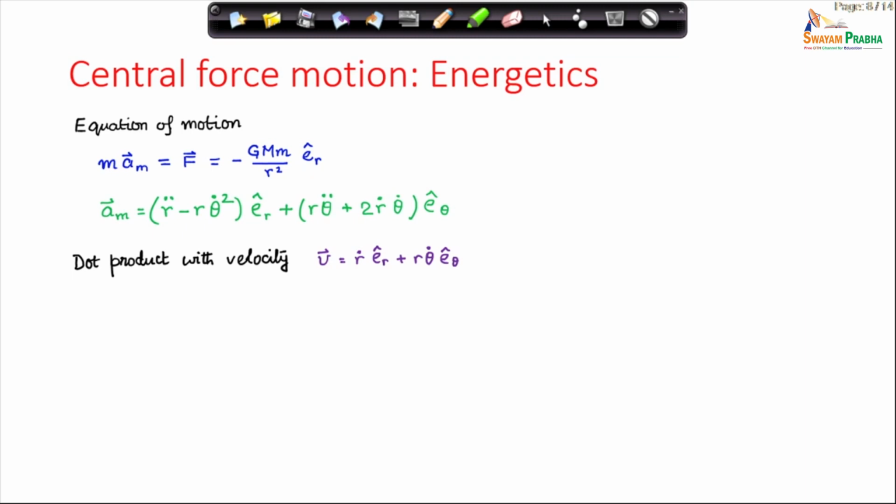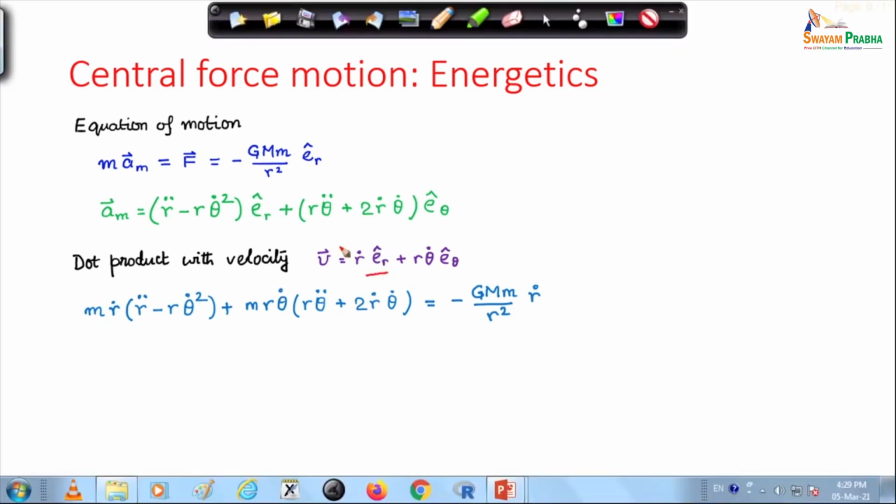Suppose I dot product the equation of motion with the velocity. Velocity in polar coordinates is nothing but r dot e r cap plus r theta dot e theta cap. If I dot product this with the equation of motion, then what do we have?